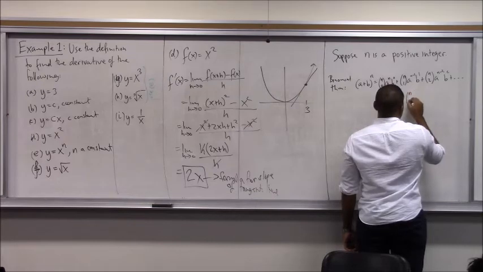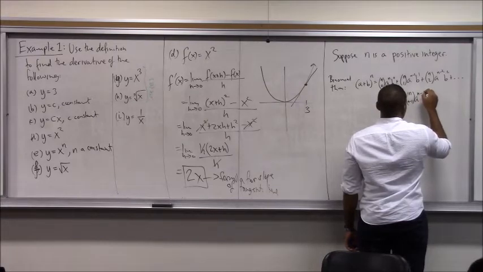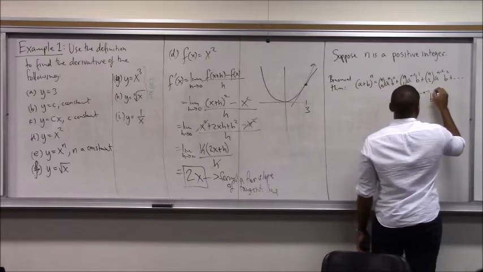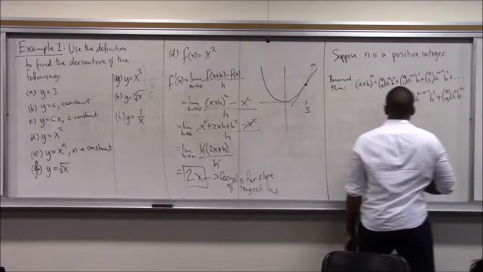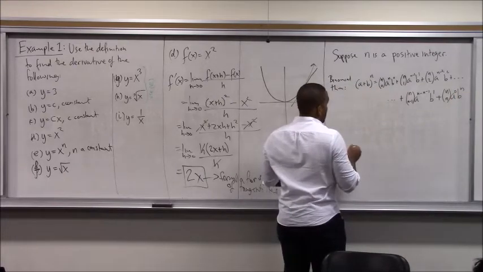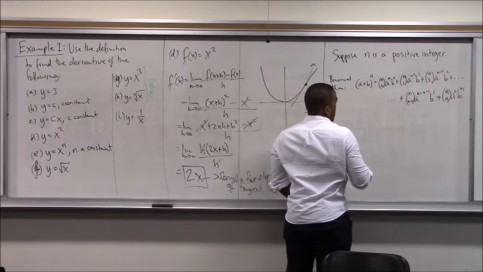So n choose n minus 1 a to the 1 b to the n minus 1, plus n choose n a to the 0 b to the n. These numbers here are the coefficients, and those are the terms.